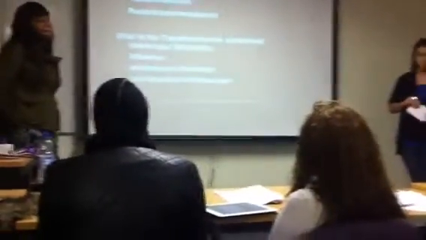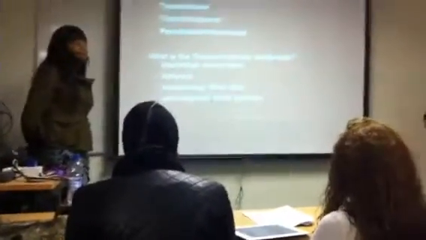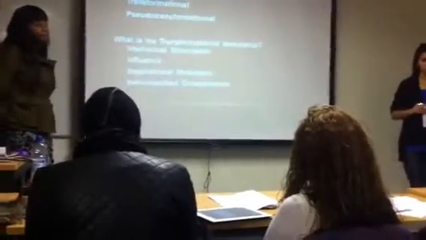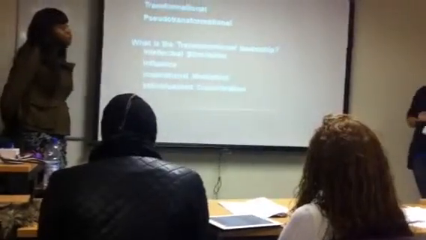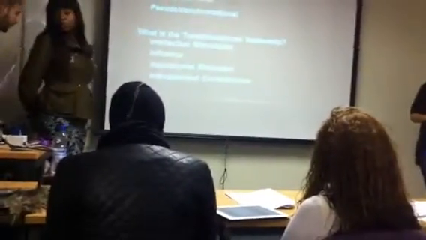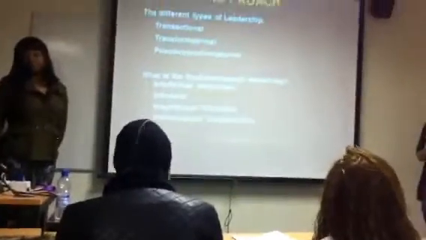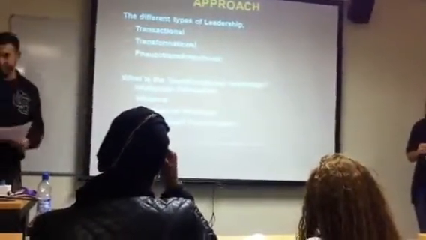The leader must also keep lines of communication open so that followers are enabled to share ideas. The third main component is inspirational motivation, which requires the transformational leader to convey a clear vision in terms of the charity, as well as helping followers to experience the same passion and motivation. And the fourth and final main component is the idealised influence factor. This requires the leader to serve as a role model for followers.